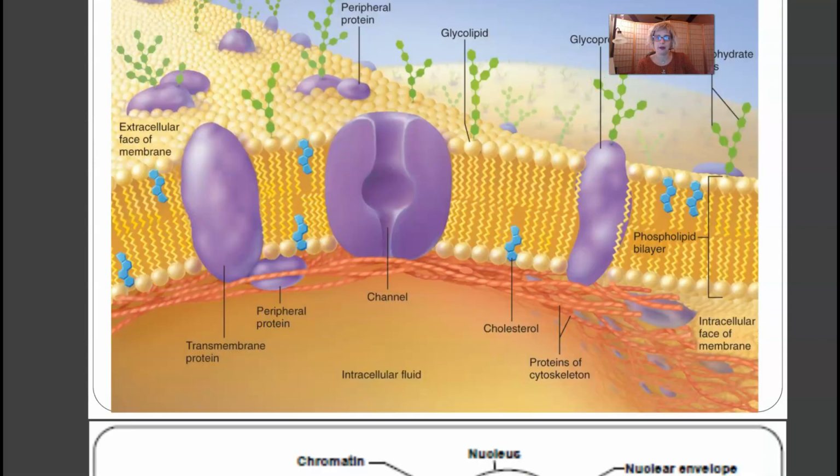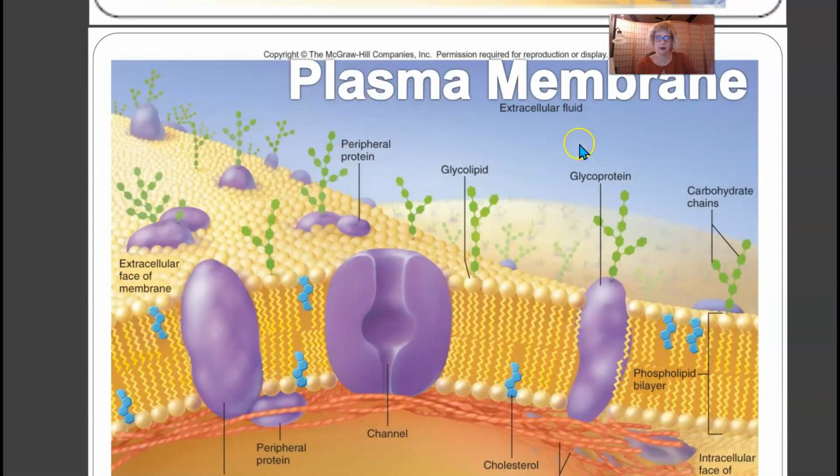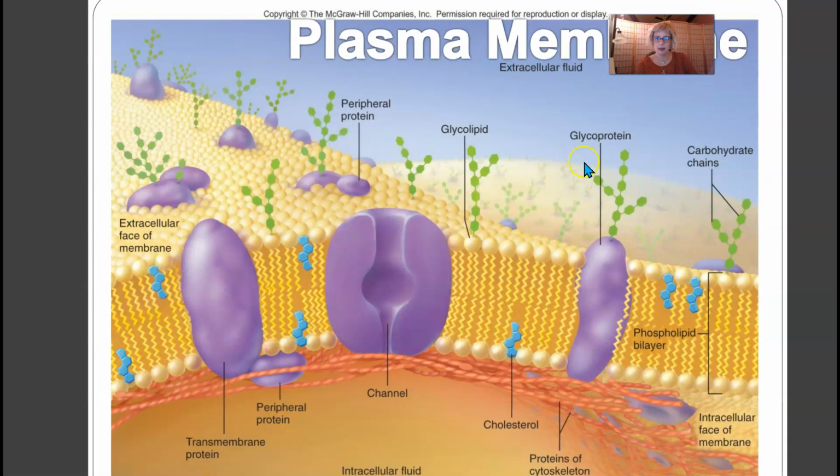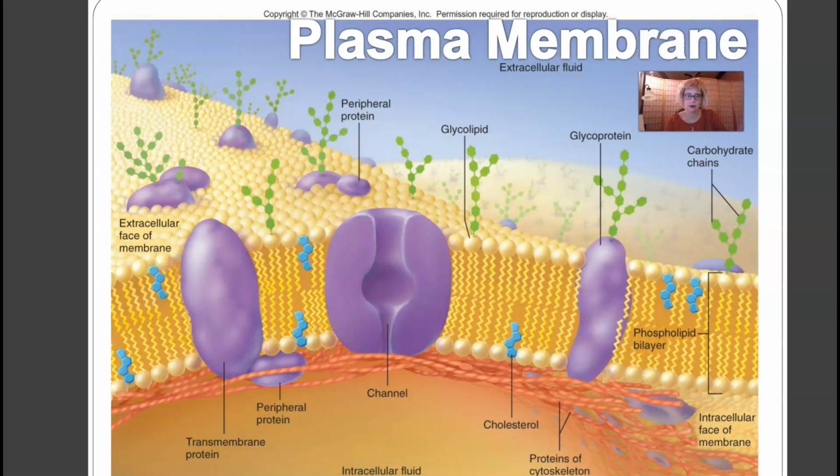In this image, we're going to see more of the same. We're going to see the plasma membrane. This is a better view showing you how the peripheral proteins and their glycoprotein chains, or any kind of carbohydrate chain, are sticking out.